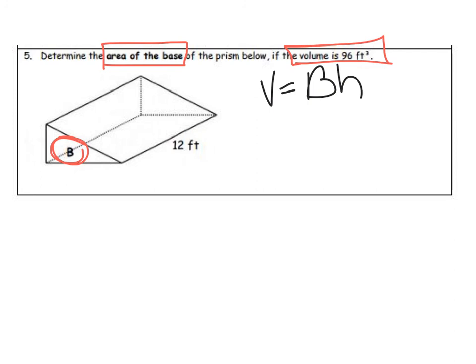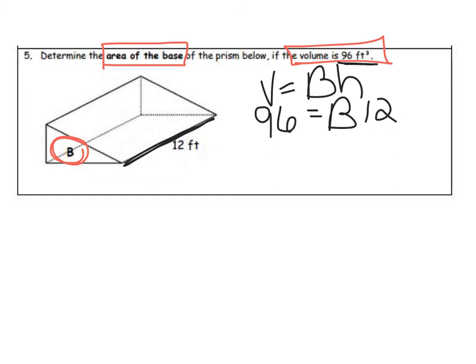So what information did they give us? The volume is 96. They didn't give us the area of the base, but they did give us the height, didn't they? Yeah. So that's 12.